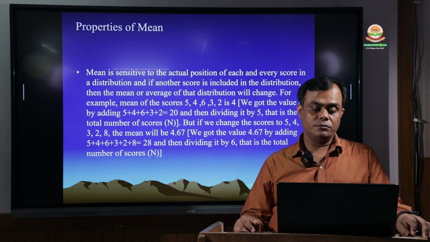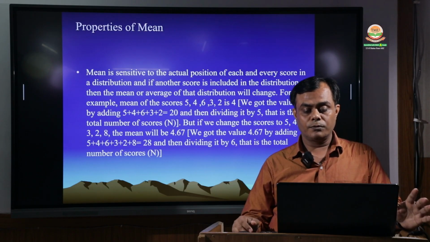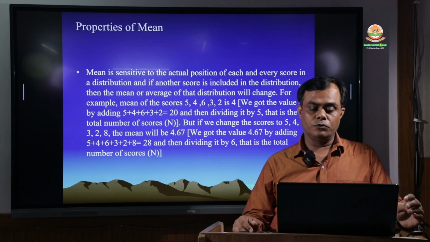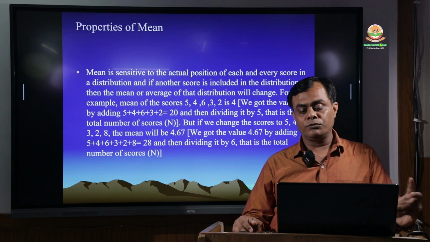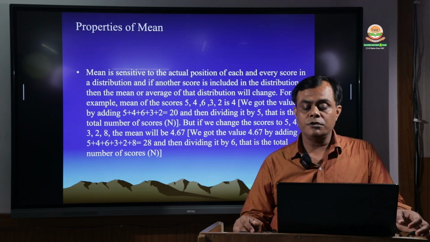For example, the mean of the scores 4, 5, 4, 6, 3, 2 is 4. We add all the different scores. There are 5 scores, and the total is 20.